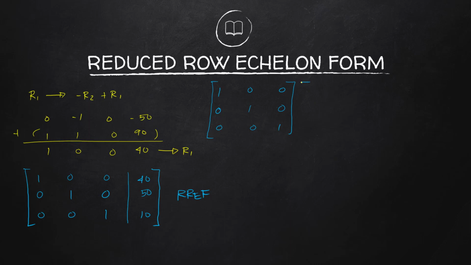We have your variable matrix A, B, and C, and that is equal to the constant matrix. That would be equal to 40, 50, and 10. The matrix equation in its reduced row echelon form follows the AX equal to B form.